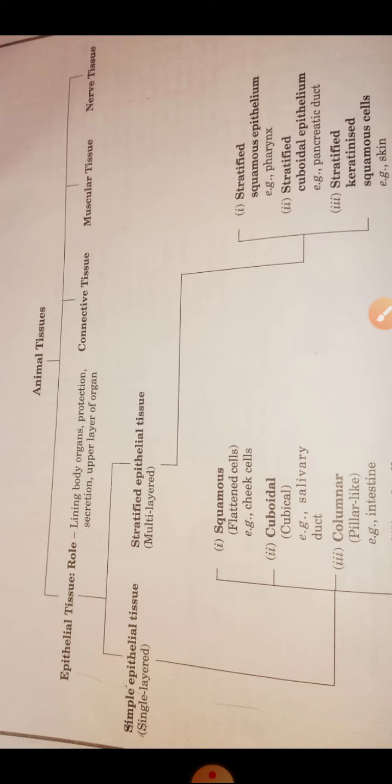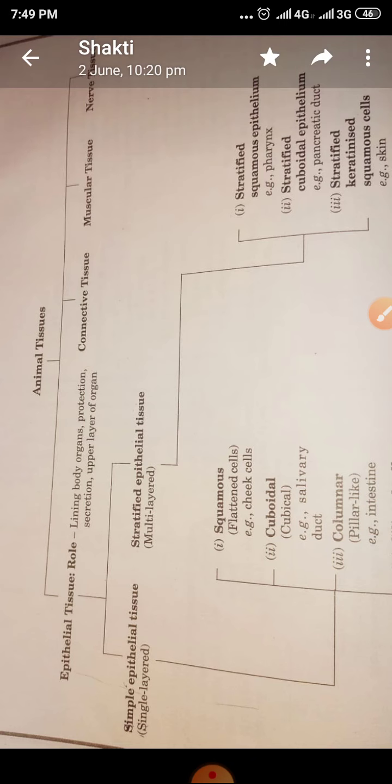Then on the basis of function, it is of four types. The first type is called sensory epithelium, when the epithelium cells are modified to receive the impulse and send it to the brain. It is found in the sensory organs and helps in sensation, so it is called sensory epithelium.